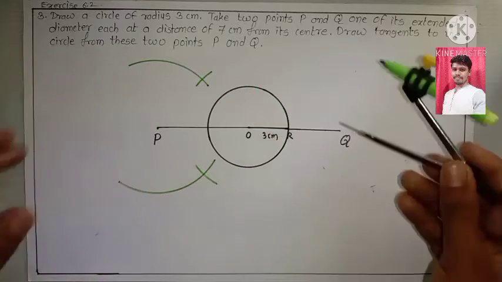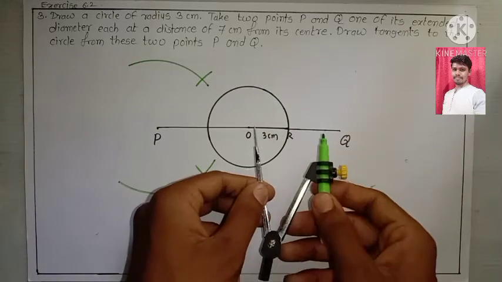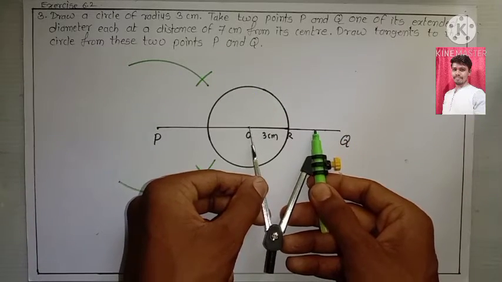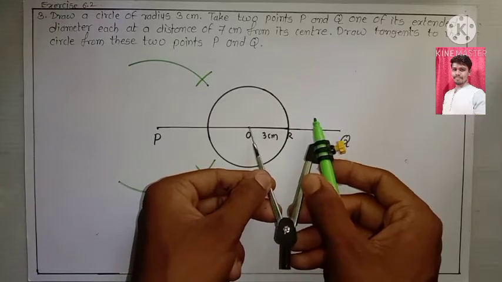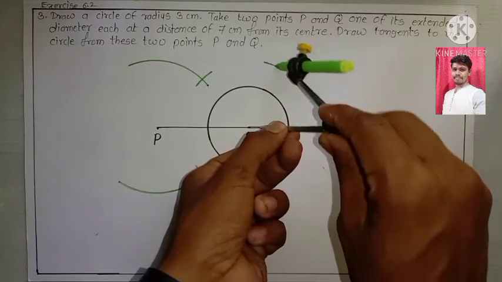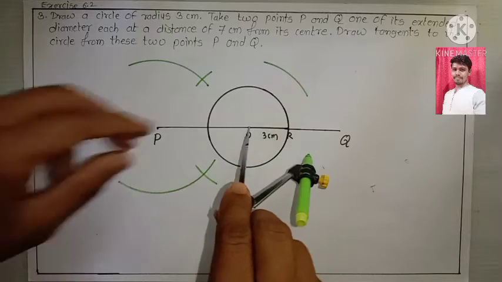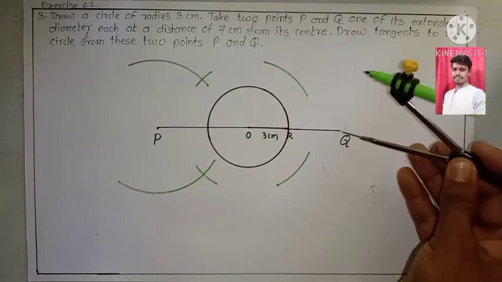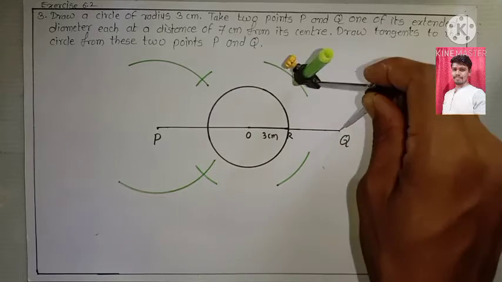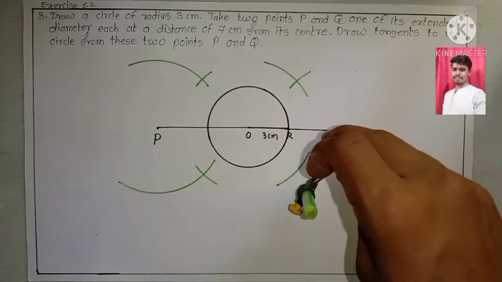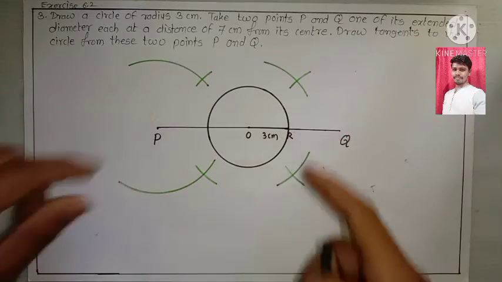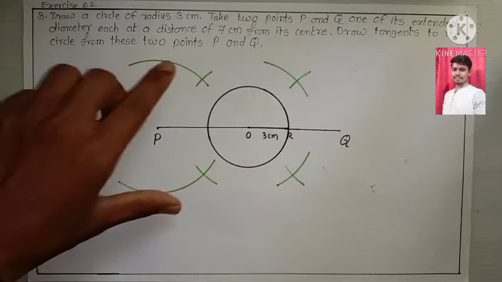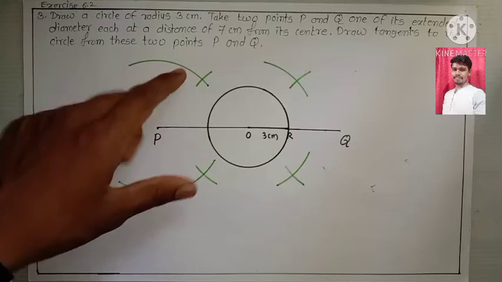Same procedure here: take more than half of OQ, put the needle on point O, draw one arc upside and one downside, then put the needle on point Q and draw one arc upside and downside. We get intersecting arcs, and through them we draw a straight line.